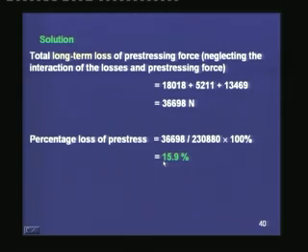Thus, what we can observe is that, first, when we are applying the pre-stress, there is a short-term loss due to the friction, anchorage slip and elastic shortening. We have seen that for a pre-tension member, the elastic shortening loss can be substantial.